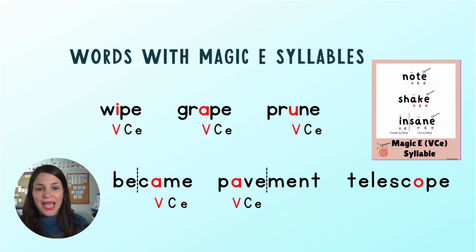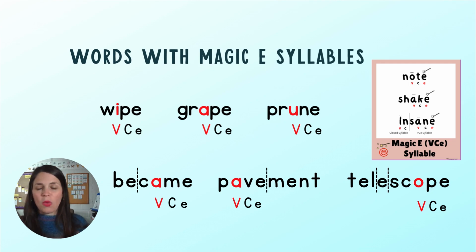As a result, again, we know that that A is going to say its long vowel sound. Pavement. And finally, let's look at the next word, telescope. We are going to say tell a scope. We have 3 syllables, and we're going to see at the end of the word the vowel consonant E syllable, or the magic E syllable type.